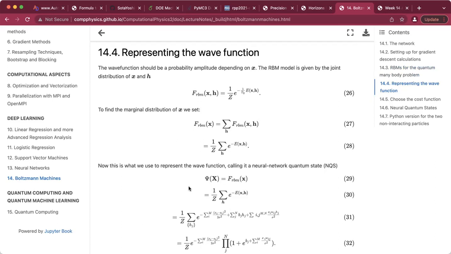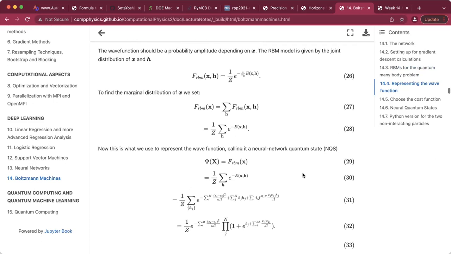What we found is that if we take the wave function squared here in equation 29, what we saw in practical calculations is that it normally gave a slightly better result. And that will also be closer to the physical interpretation of what you have. So these are normally called a neural network quantum state.